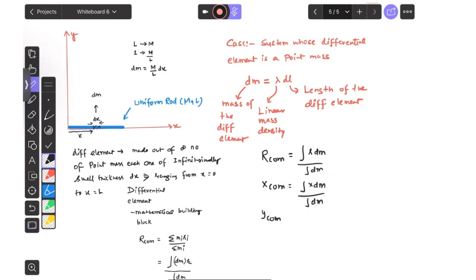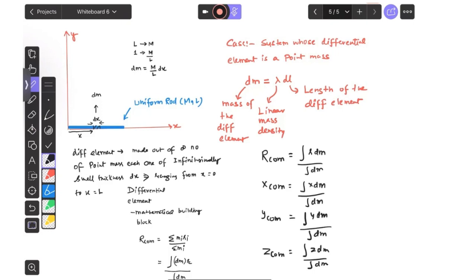YCM will be integral of y dm by integral of dm, and ZCM just like that will be integral of z dm by integral of dm. And if you ask me what these r, x, y, z are, these are the position of the selected differential element.